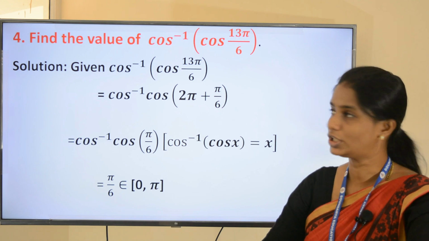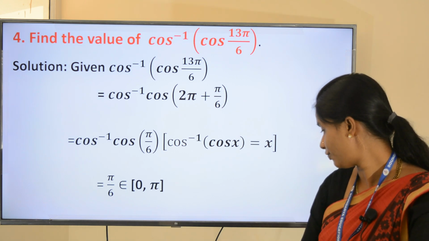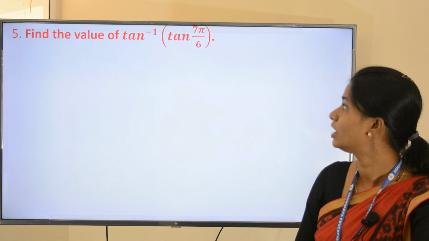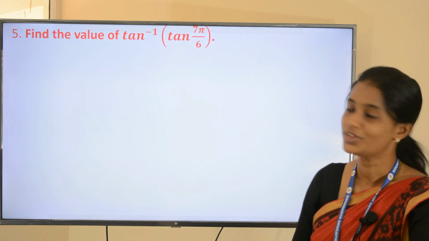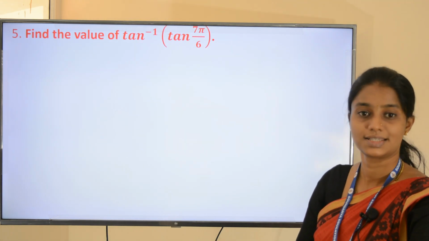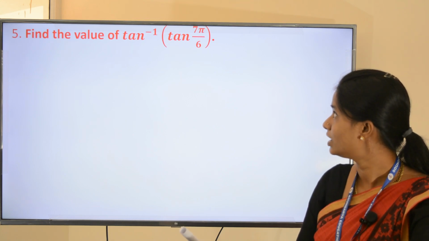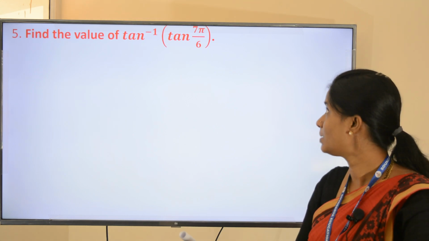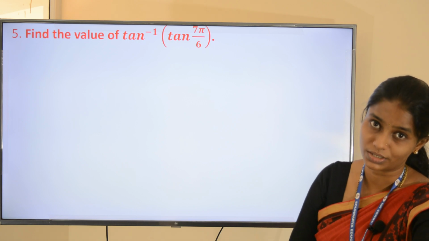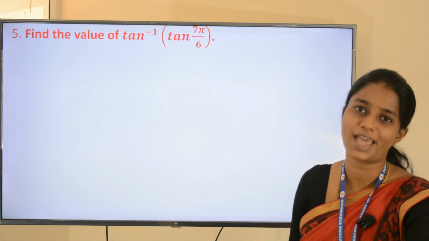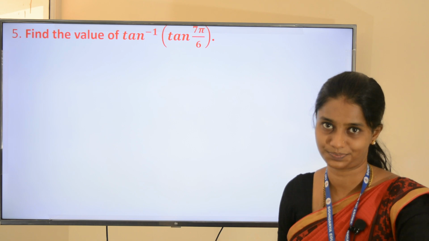Now we'll move on to the fifth problem, students. The fifth problem is, find the value of tan inverse of tan 7 pi by 6. Please observe here, students, tan inverse of tan x is equal to x.